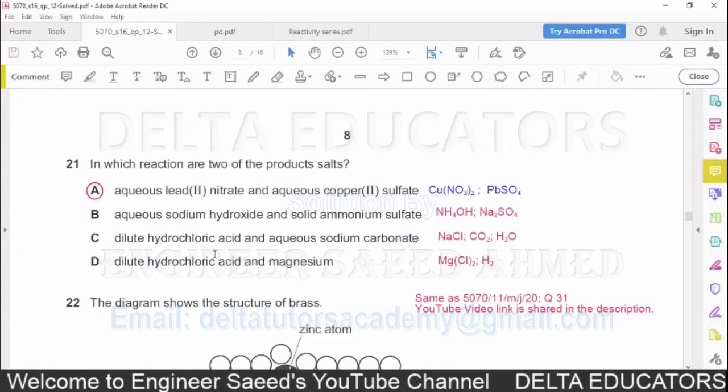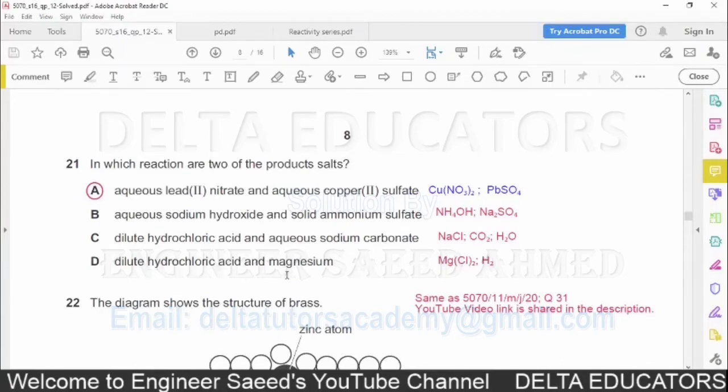Option C, dilute hydrochloric acid and aqueous sodium carbonate. When we react hydrochloric acid and aqueous sodium carbonate, we get sodium chloride, carbon dioxide and water. Here sodium chloride is a salt, but neither carbon dioxide nor water is a salt. So C is also incorrect. D, dilute hydrochloric acid and magnesium.